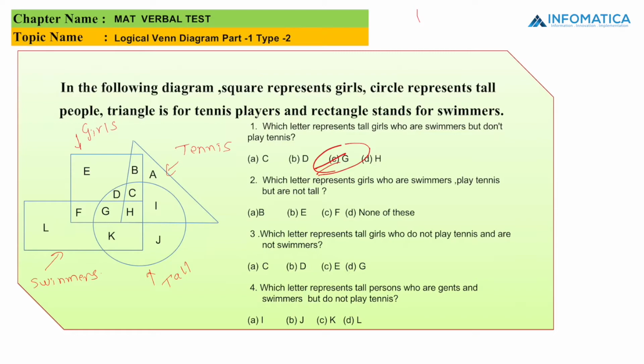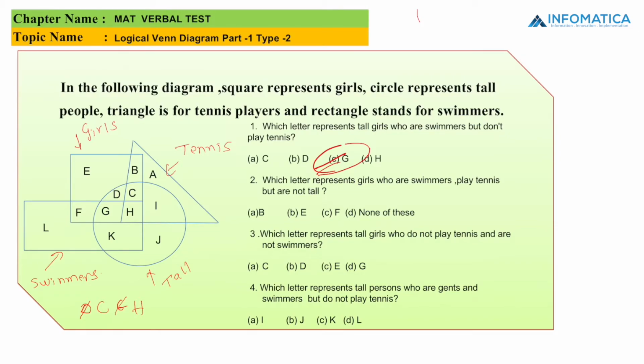I am having swimmers as D, C, G and H. Next I need who play tennis. Tennis is represented by a triangle. So if I go for that part, I will go for C and H. So automatically I have to cancel D and I have to cancel G.